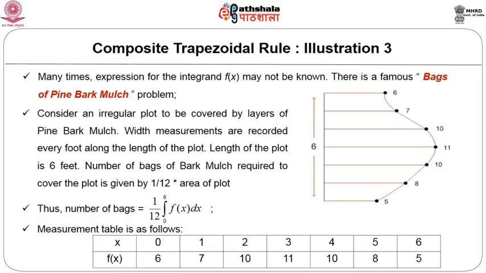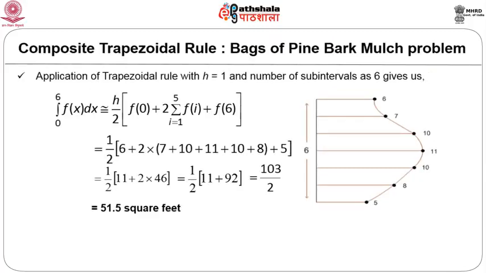And so now the area of the plot will be the integral from 0 to 6 of f(x) dx. We apply the composite form, h by 2 outside, f0 plus 2 times f1 plus f2 plus f3 plus f4 plus f5, and plus f6.